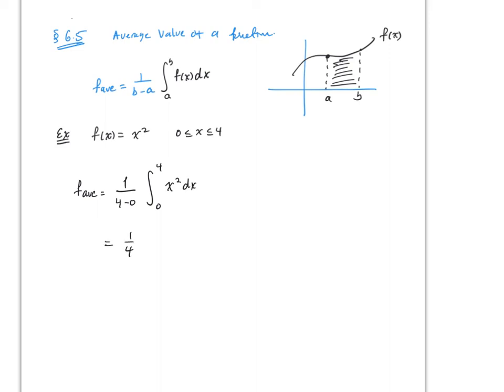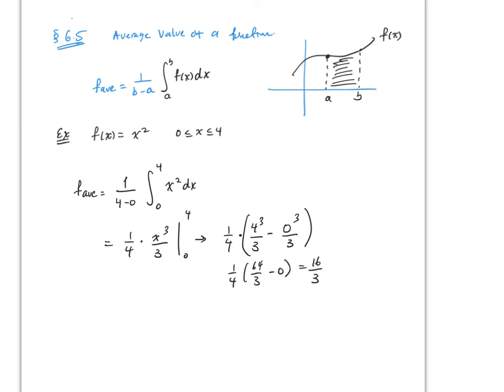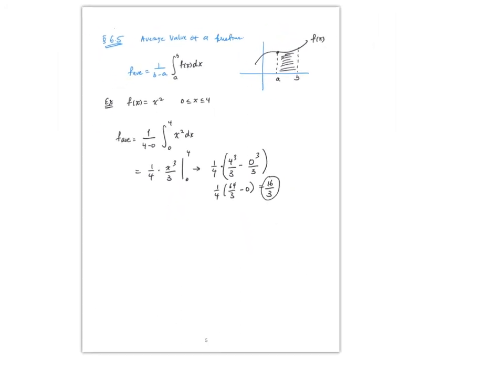Now the integral of x squared is equal to x cubed over 3 from 0 to 4. So therefore this will be 1/4 times 4 cubed over 3 minus 0 cubed over 3. Remember that 4 cubed is 64, and this is 0. So this is technically 16 over 3, and that will be the average value of the function.